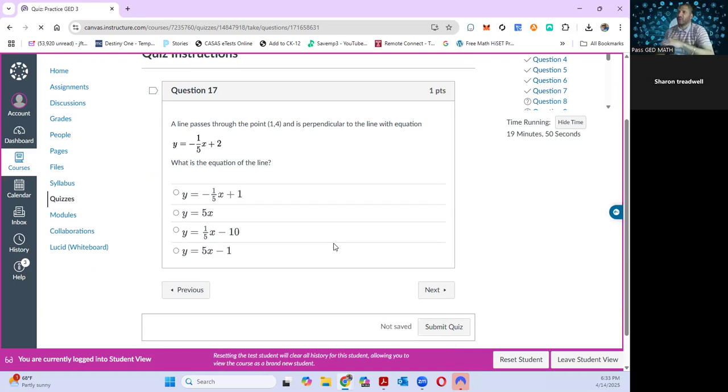A line passes through 1 comma 4 and is perpendicular to the line with the equation y equals minus 1/5 x plus 2. What is the equation of the line? The line passes through one comma four and is perpendicular. So you gotta flip it and change it.